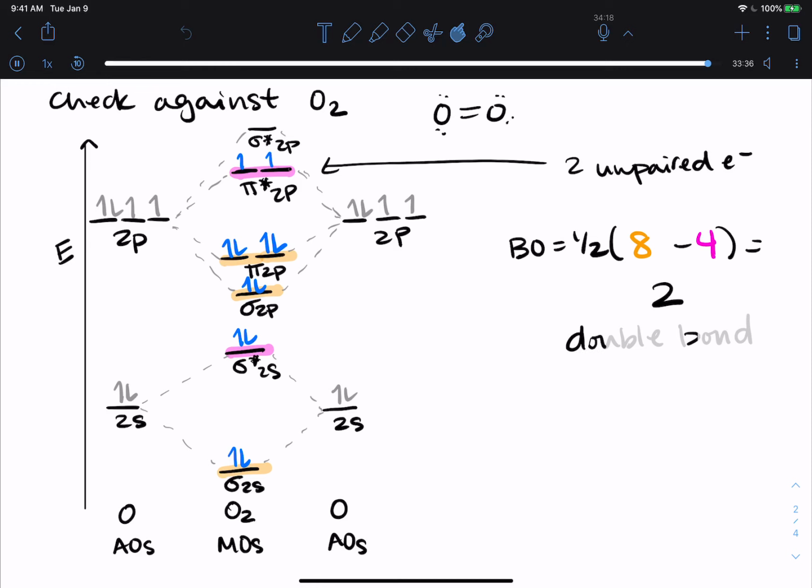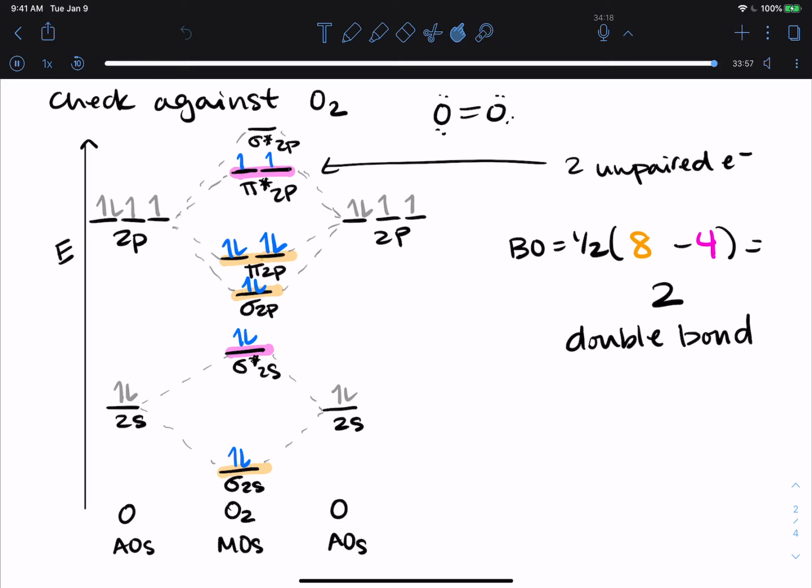So I get a double bond. So my MO picture agrees with my Lewis picture in that I get a double bond. The 2 unpaired electrons match the experimental data. I just don't have a way to nicely show them in a Lewis model. It just isn't made to account for that.